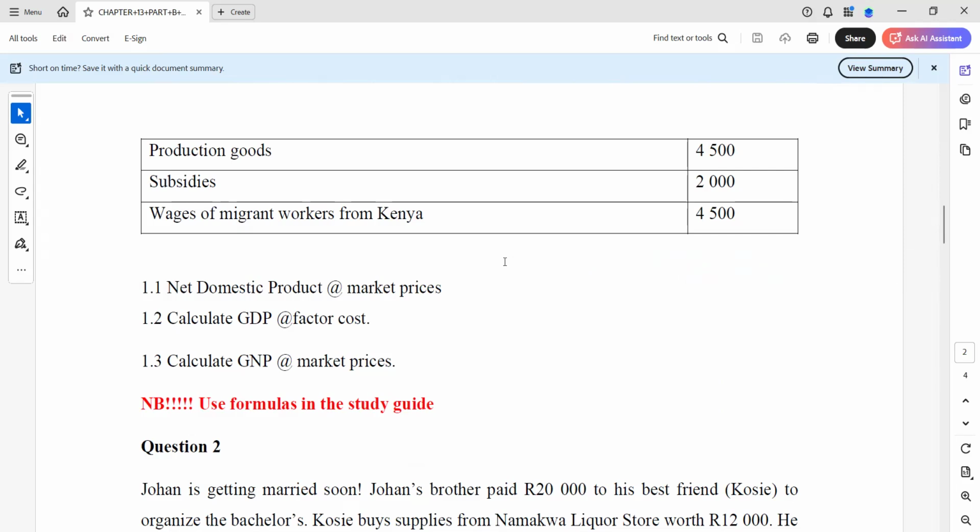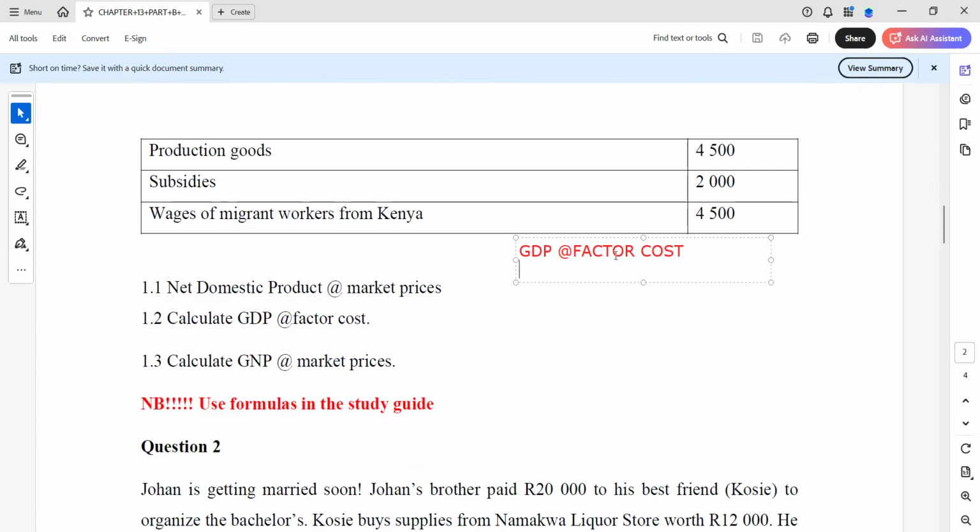Remember, if you watched the previous video that I made a few days back, I explained that we firstly have GDP at factor cost, which is basically the production of goods and services still in the factory, right? That's how I like to explain it.